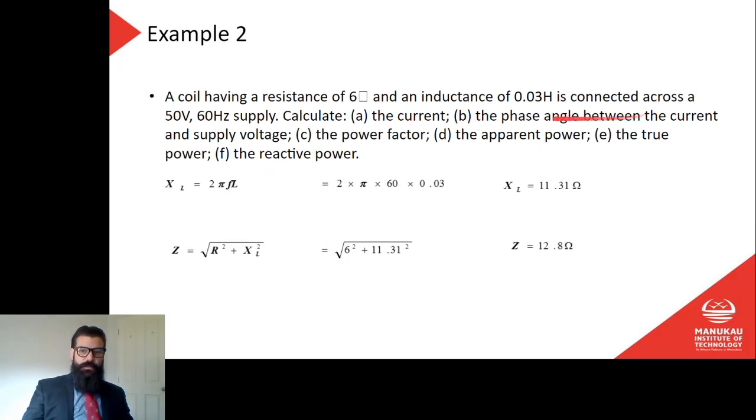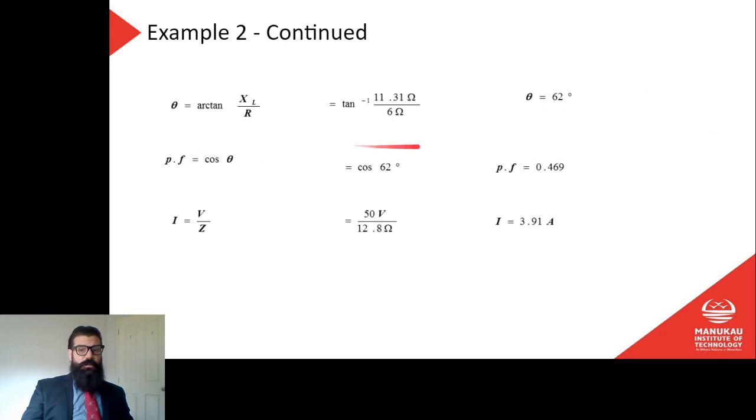Next question was the power factor. So the power factor is easy enough to work out once I've got the angle of the supply voltage. There's actually a couple of ways I could do this. So cos of the angle, cos 62 equals 0.469. Remember, it's also going to be the same as the true power divided by apparent power, or resistance divided by impedance.